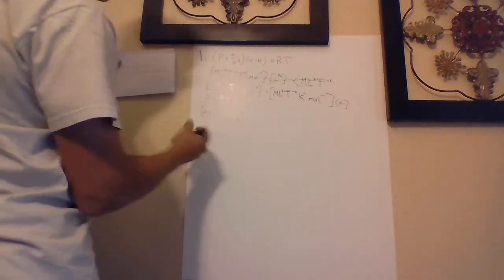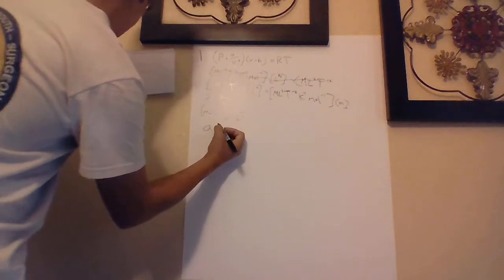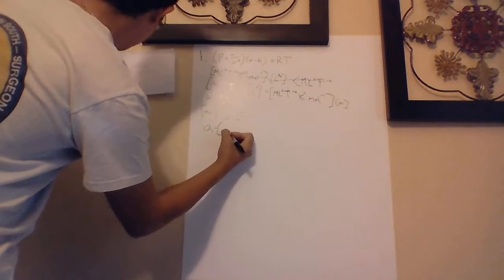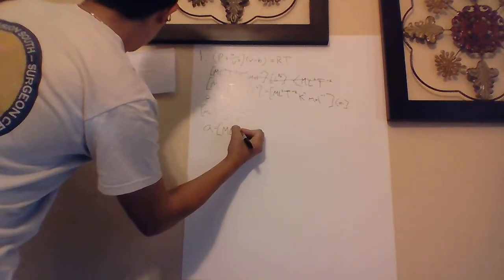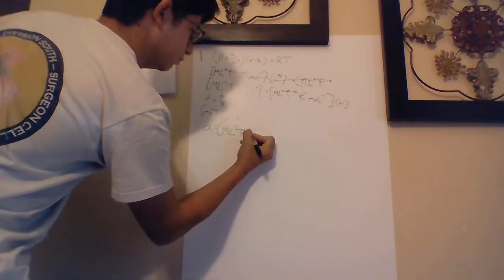If we work this around, A equals, dimensional analysis, M L^5 T^-2.